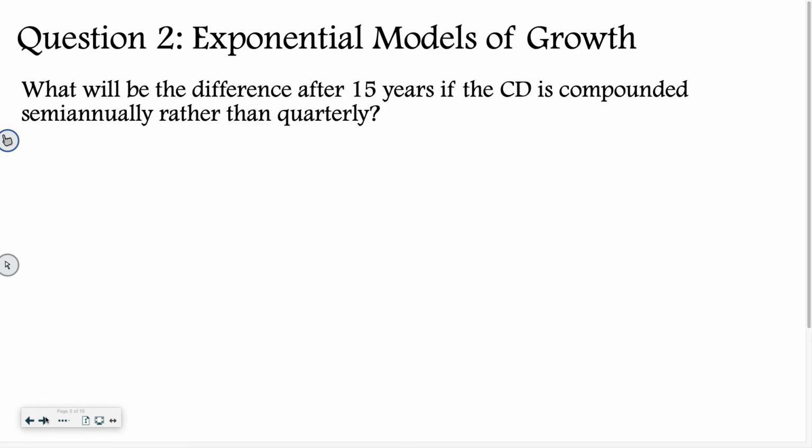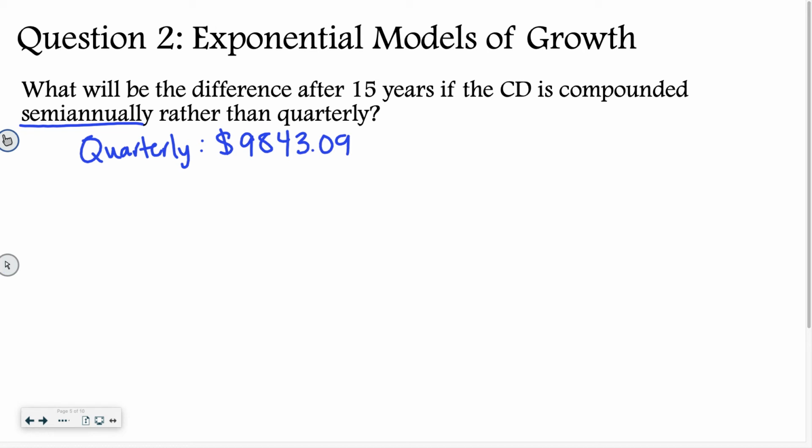So, question number 2, what will be the difference after 15 years if the CD is compounded semi-annually rather than quarterly? So just a reminder that quarterly on the last problem earned $9,843.09. So you want to figure out how much money is earned when it's compounded semi-annually, and what's the difference between those two.